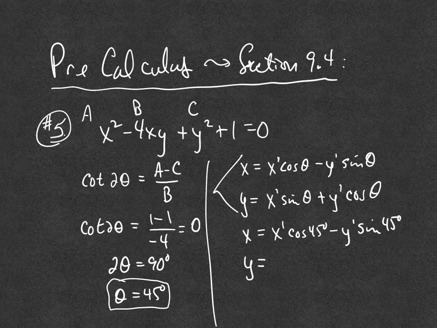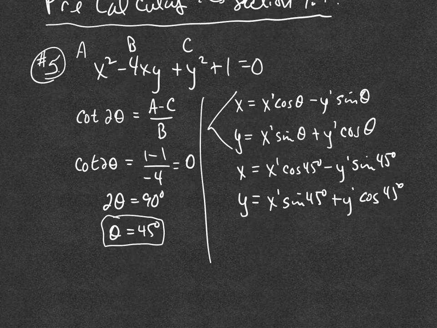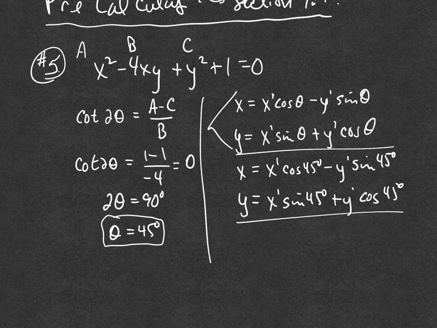And y is replaced with x prime sine of 45 degrees plus y prime cosine of 45 degrees. I need a little more room to show you the simplified version, so let me draw a little line across so you don't get confused.